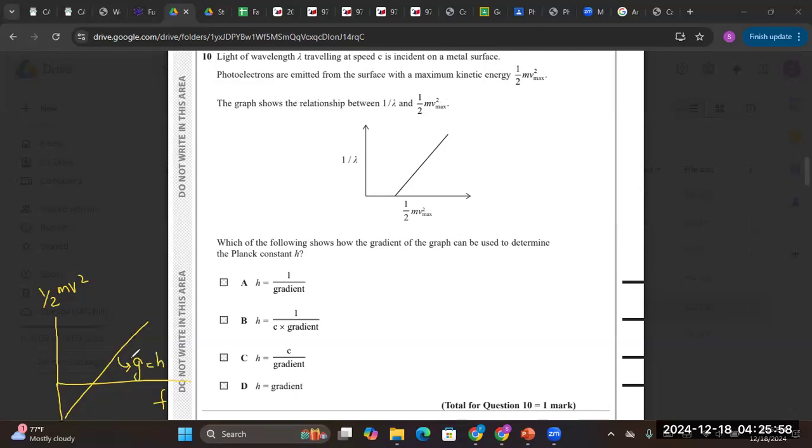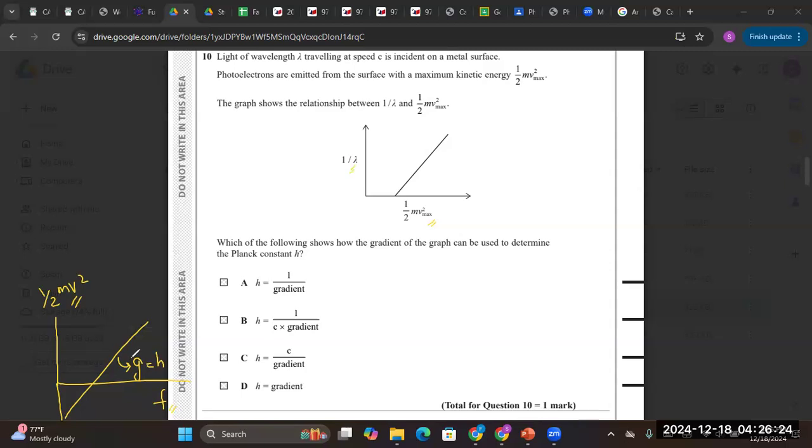Now, this graph is the same as this one, but they have just changed the x-axis and the y-axis. So instead of the kinetic energy being on the y-axis, it is now on the x-axis, right?